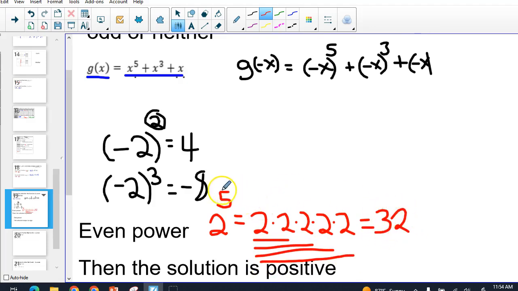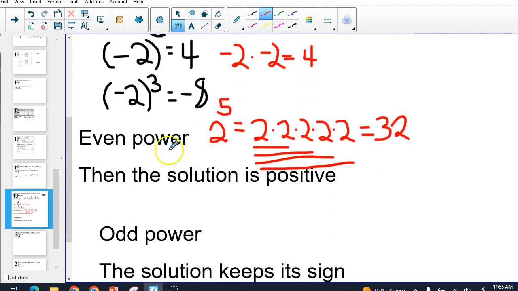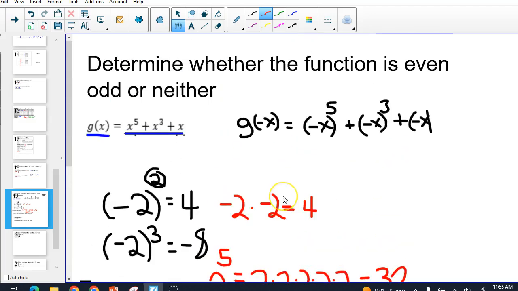So when we have an odd power, the sign stays the same. If I have an even power, the negative signs are going to cancel out, because negative times negative is positive, right? So if we have an even power, the solution's positive; odd power, keep the sign.